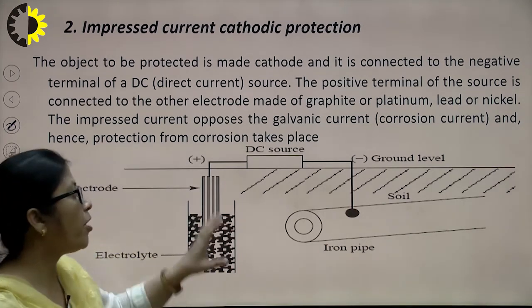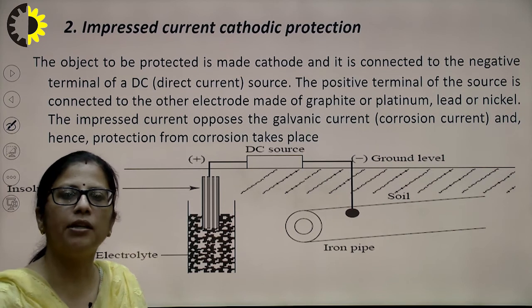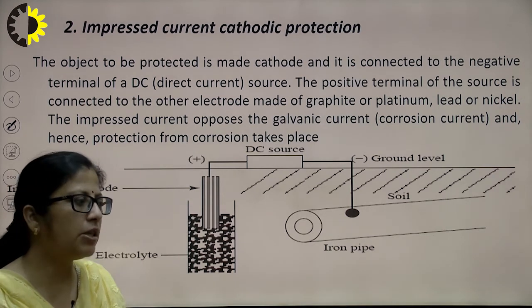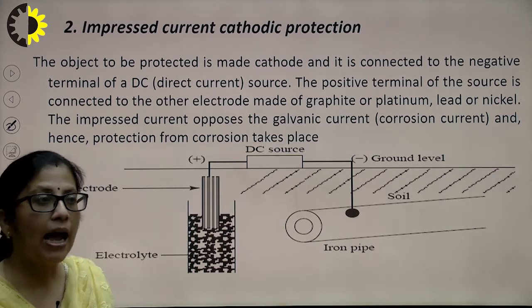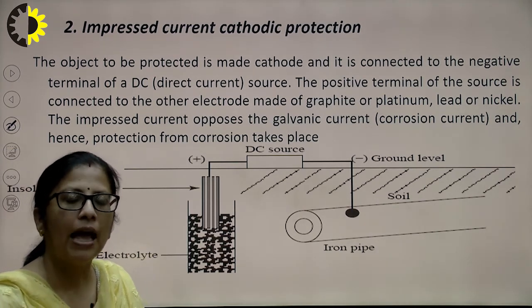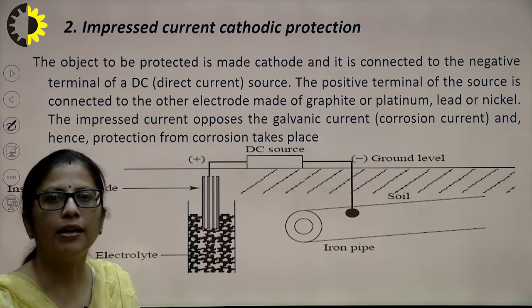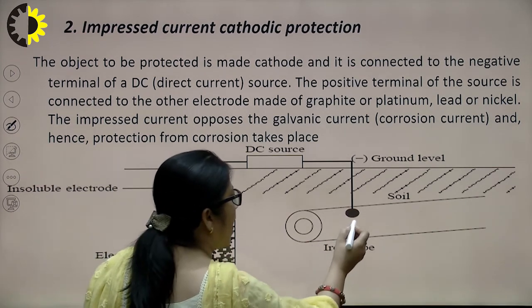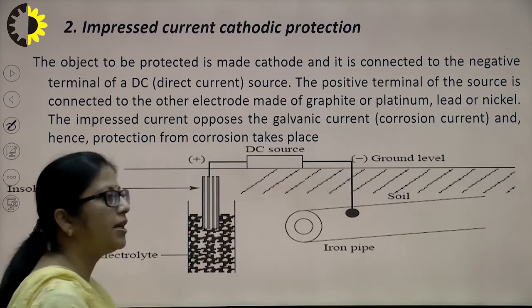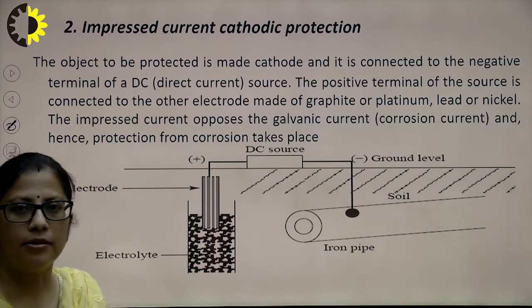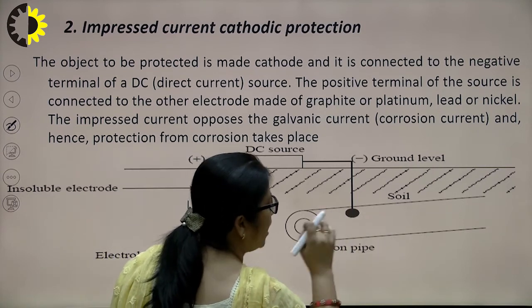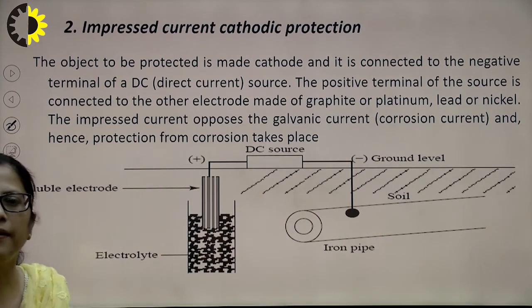So, here the positive terminal of the source is connected to the other electrode, which is made up of either graphite or platinum or lead or nickel or scrap iron, and the current in the opposite direction is impressed, and this current opposes the galvanic current. So, galvanic current is that iron will give the electrons. So, we are impressing the current from the opposite direction, greater than the galvanic current, so that the ions which are formed accept the electrons and get converted back into the iron metal.